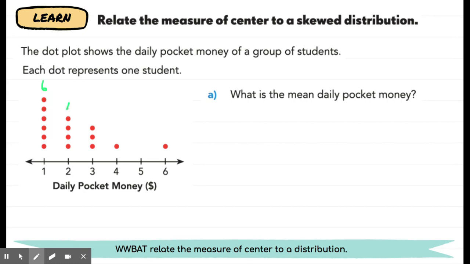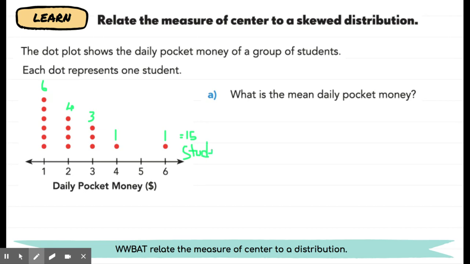And then we have 4 students who got $2 per day. We have 3 students who receive $3 per day. 1 student received $4 per day, and 1 student received $6 per day. So in total, there are 15 students in this data set.